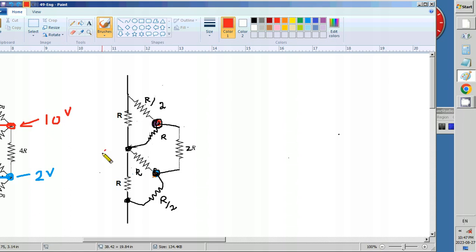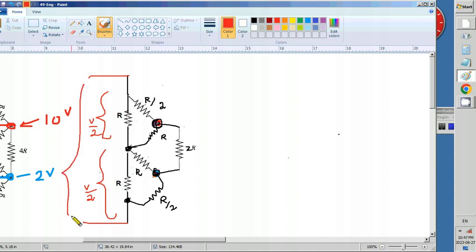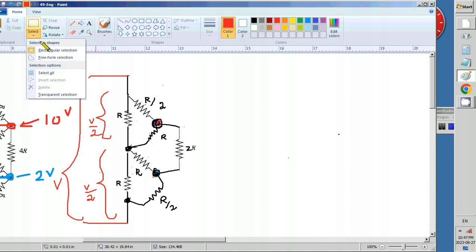Here we divide by 2, that means half V, because between these two lines there is a voltage V. So it is divided between these two resistors because they are equal. So the voltage also must be equal.